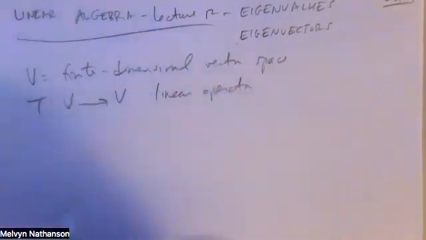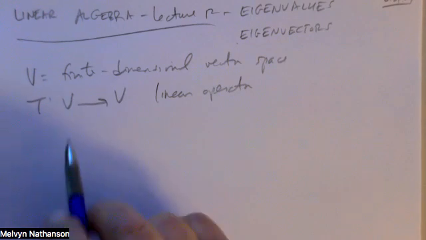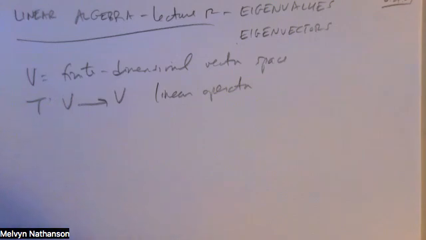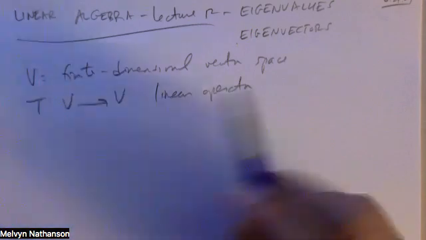That means a linear transformation from a vector space to itself. And the idea is to try to understand this operator T and maybe to break it down into simpler pieces.